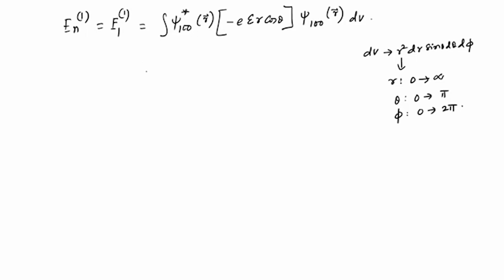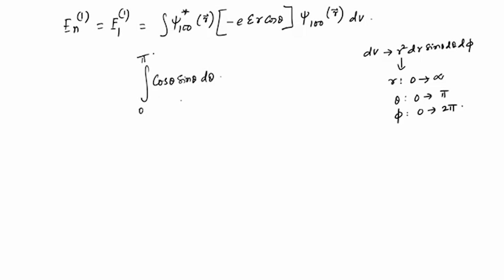So, the only one you have to look at before you do the R integral is the theta integral, and the theta integral is cos theta d theta, and you have a sin theta because there is a sin theta here. So, sin theta cos theta sin theta d theta, and this is from 0 to pi.